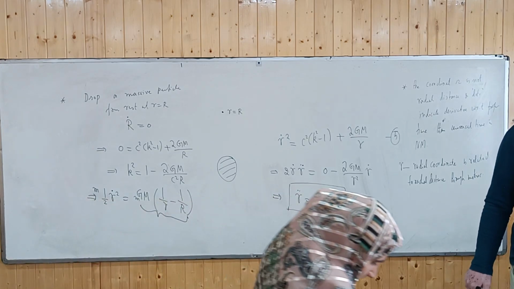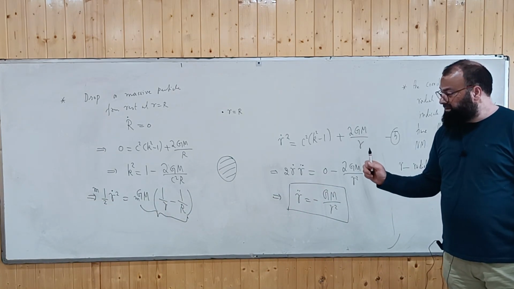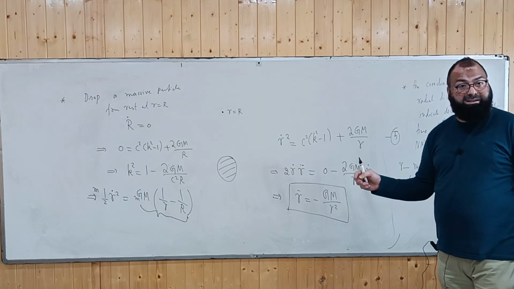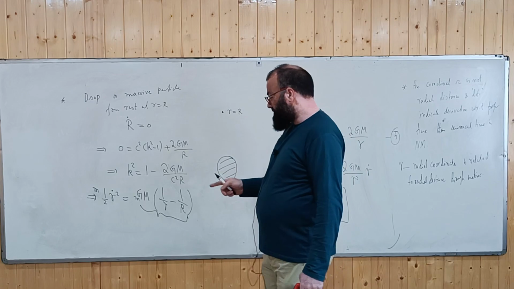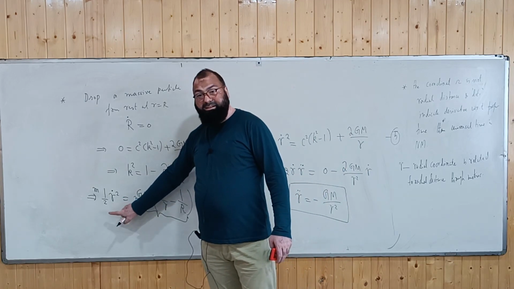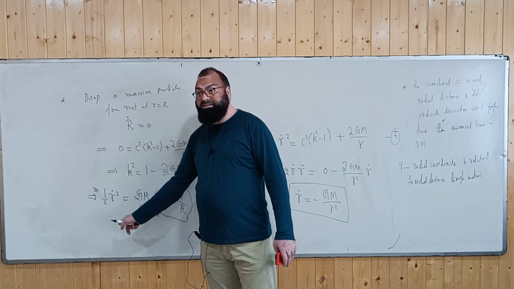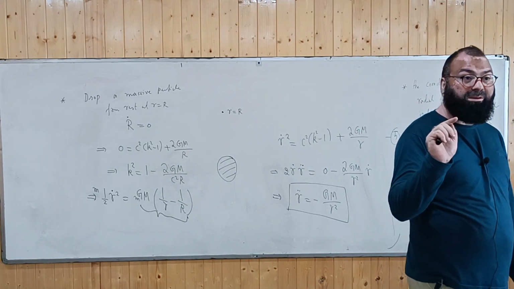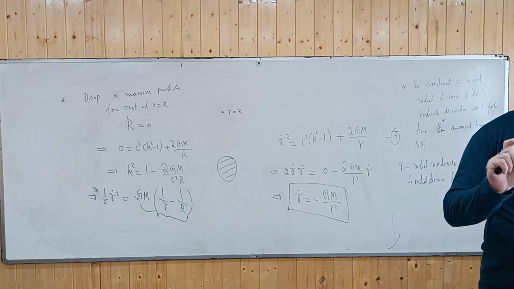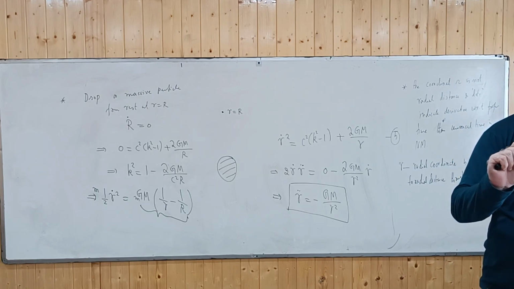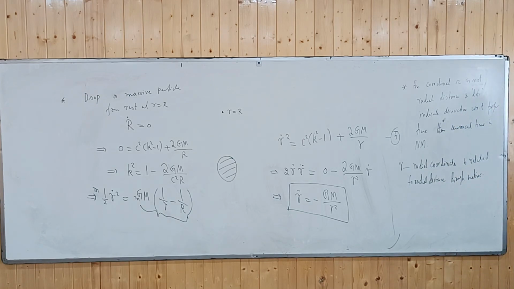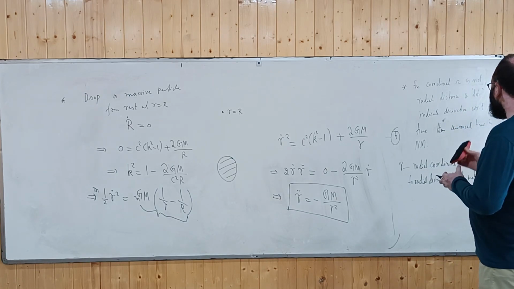This is the same kind of formula we have in Newton's theory. But the difference is that this r dot is actually dr by d tau. It's with respect to the proper time of the particle, not with respect to the universal time. Clear?